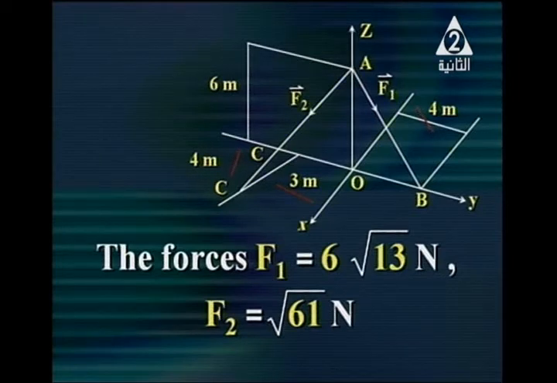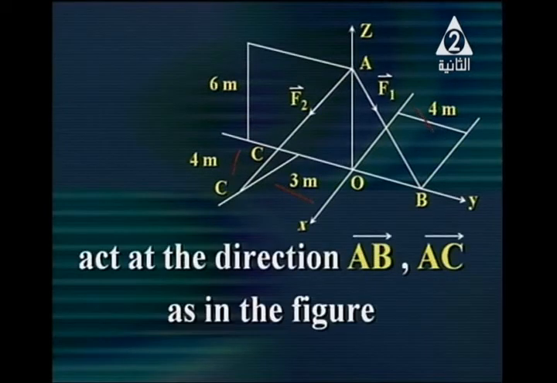We have 3 dimensions, OX, OY, OZ, in the opposite figure. Look at triangle ABC: F1 and F2 act at point A. Look at the directions AB and AC in the figure.